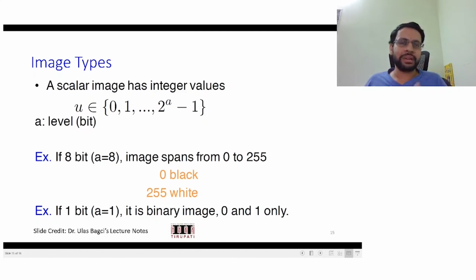You could use, for example, 16 bits, which is not at all uncommon, particularly for CT images, and even in MR images you could use up to 16 bits, or 32 bits is also quite common. If you are using 16 bits, that means you could have intensity values from 0 to 2 power 16 minus 1.